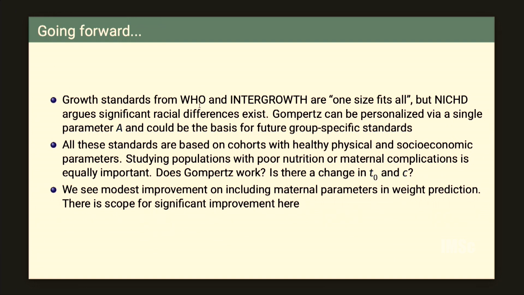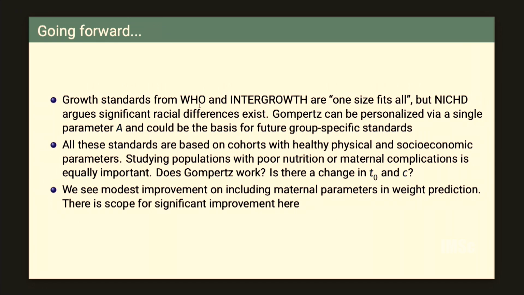And we saw, as I said, some improvement in including maternal parameters such as maternal BMI and blood sugar, gestational diabetes. Some of those things did improve it from like 7.8 MAP to like 7.7 or 7.6. And we think it would perhaps be further improved, maybe using improved machine learning models.